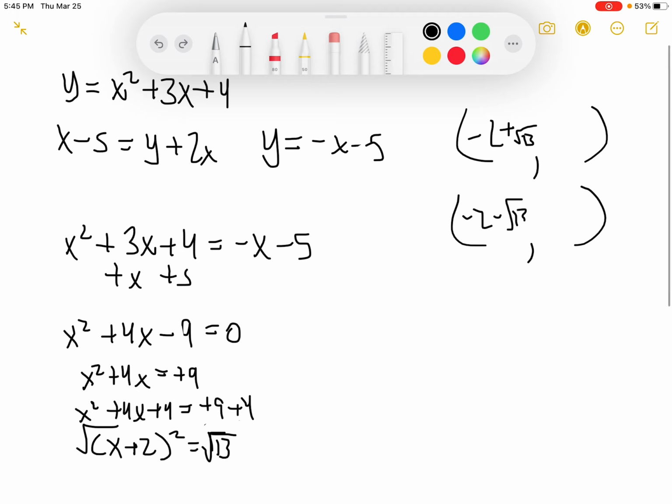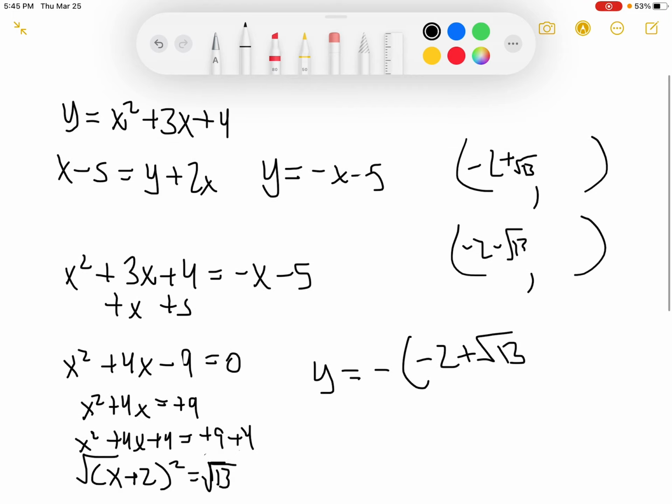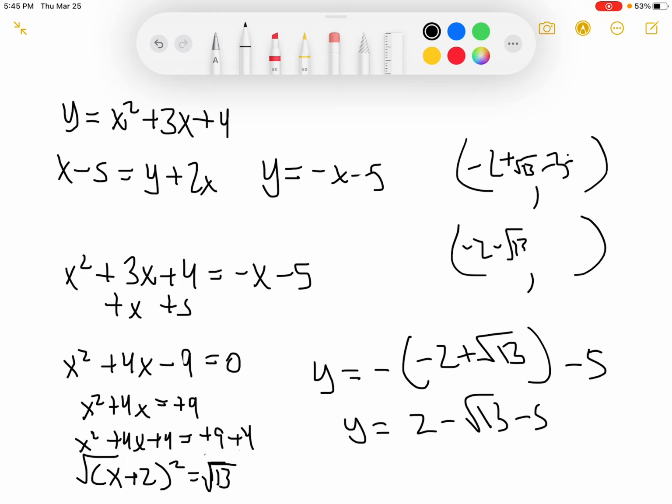y equals negative 2 plus the square root of 13 to find the first one, minus 5. So that's going to turn out to be 2 minus the square root of 13 minus 5, which means that it's really negative 3 minus the square root of 13.